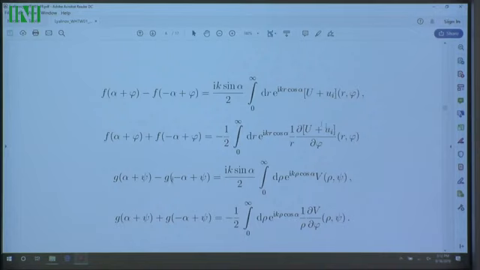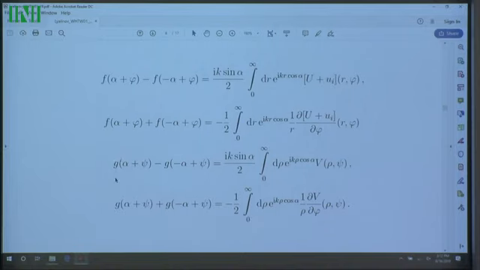The same is valid for the second Sommerfeld transformant G, and it is remarkable that in such form we can easily apply, for example, the Dirichlet boundary condition on the side sigma 1.